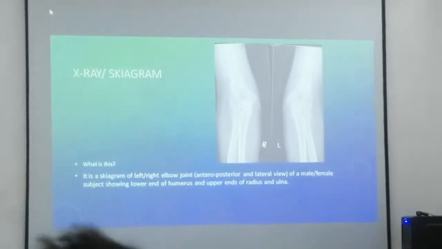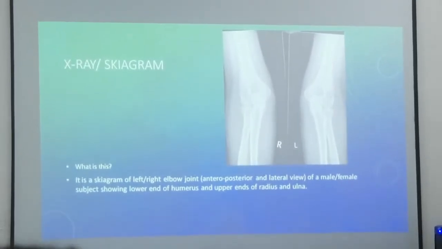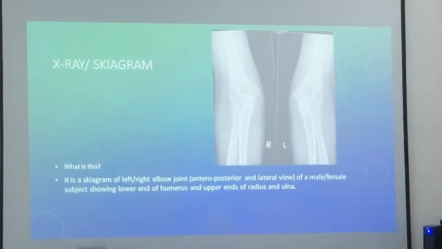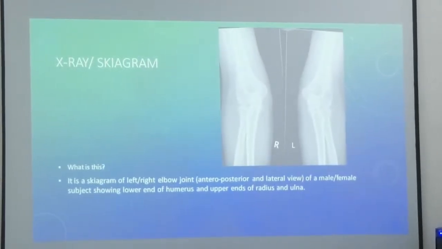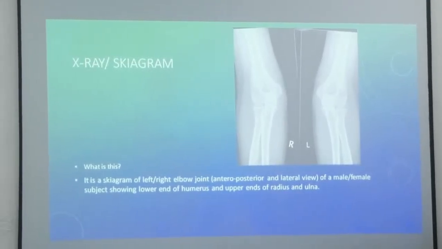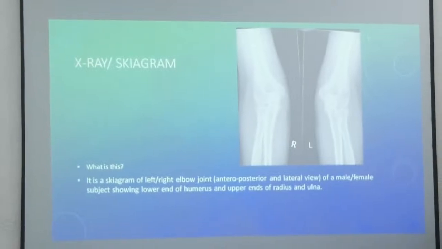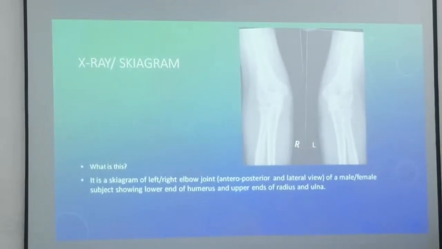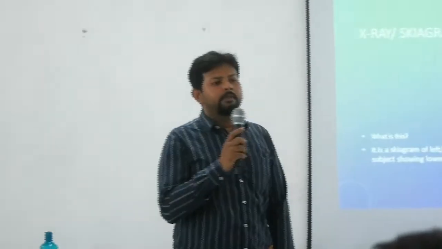It is a skiagram of left or right elbow joint, in which view, and what bones you are viewing. As it states here, it is a skiagram of left or right elbow joint in anterior, posterior and lateral view of a male or a female and showing the distal end of humerus and proximal end of ulna and radius.